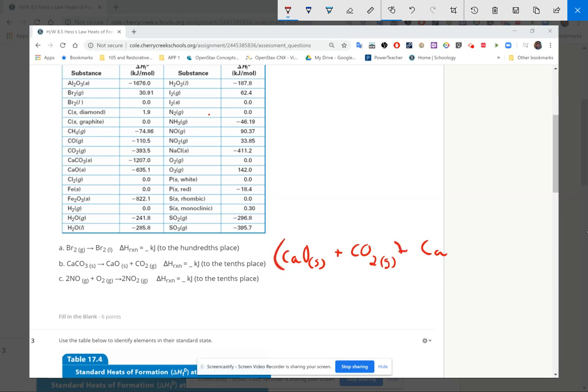Make it a little less ugly here. Okay, so we can plug some numbers in there. Notice there are no coefficients here. It's a 1, 1, and 1. That makes our life a lot easier. I don't need to do any multiplication in there.